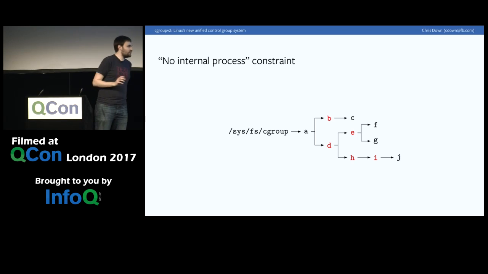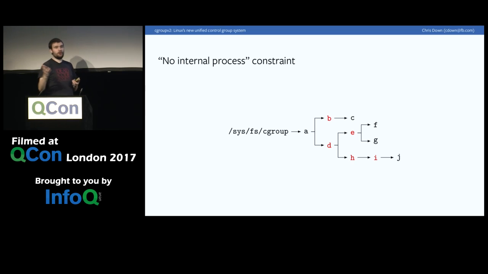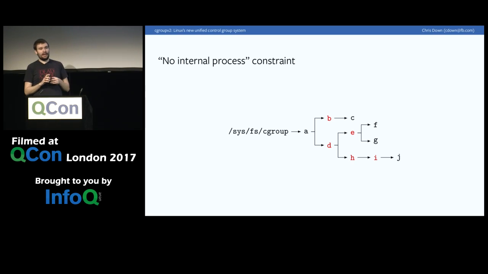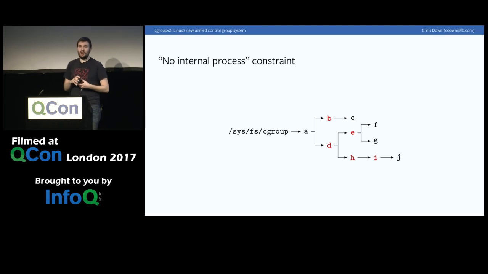Say there's an agent for Kubernetes in I, and it launches some tasks which are in cgroup J. Now we have to decide how we should share resources between the processes in I and J. So we have a cgroup, J, competing against a separate object, which is a process or a set of processes in I. There are a whole bunch of ways you can reason about how to solve this problem, like maybe each process in I is a separate implicit cgroup in itself, or maybe there's an I prime cgroup, which is all of the processes in I. But ultimately, we shouldn't be making this decision for you.